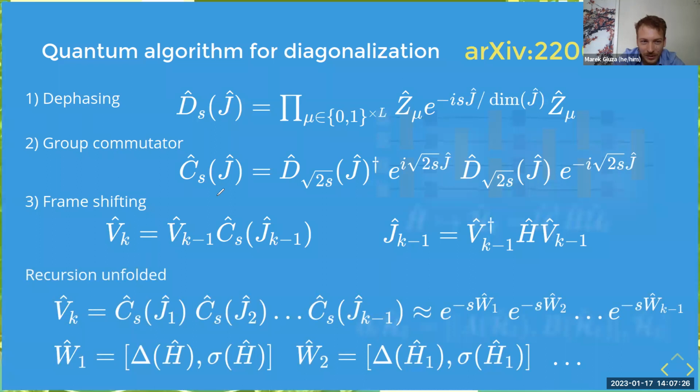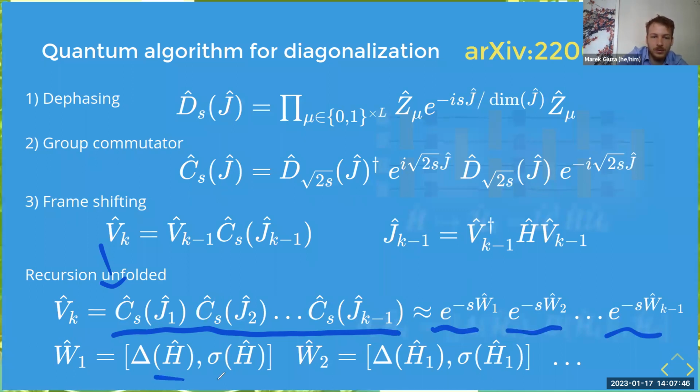If you unfold this recursion, then this VK will be just a concatenation of the group commutators, and each group commutator should be approximating the exact WK, the canonical bracket that you use for the Hamiltonian recursive relation.